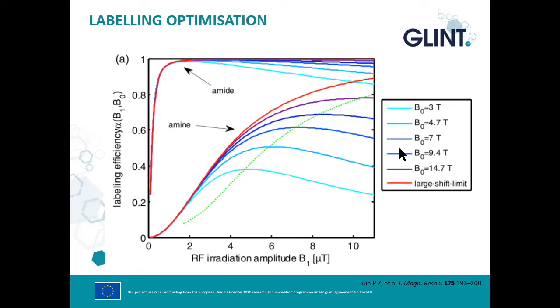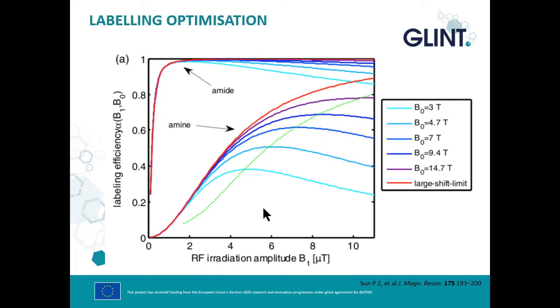This is one of the most potentially difficult fields, and this optimization is quite important. If you look here, these different colors refer to different main magnetic fields. Because the exchange depends on the frequency separation from the exchangeable group to water, the effect scales differently at different magnetic fields, since this frequency difference will be different.